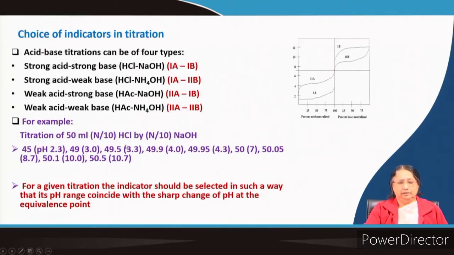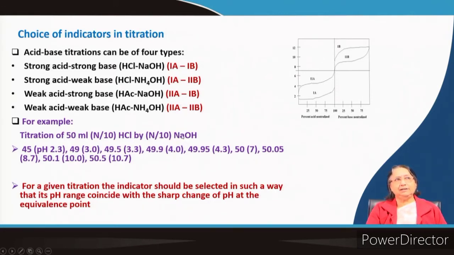It is a titration between the strong acid HCl. You have taken 50 milliliter of N/10 HCl, for example, in a conical flask. And in the burette, you have taken N/10 NaOH solution.